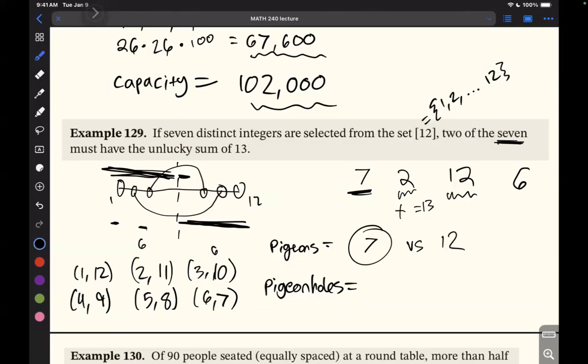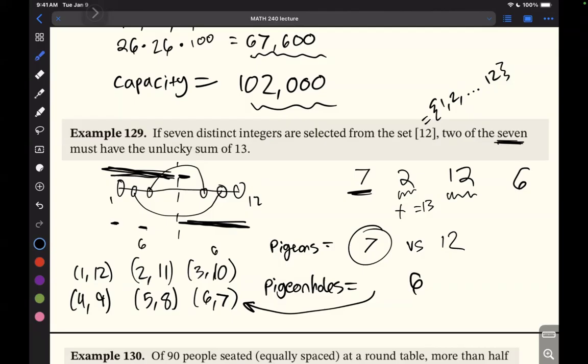Since I'm picking one more than half, that guarantees that I will fall into one of these categories. So the pigeonholes are these, the sum total of which is 6, because there are 6 of these pairs that sum to 13.